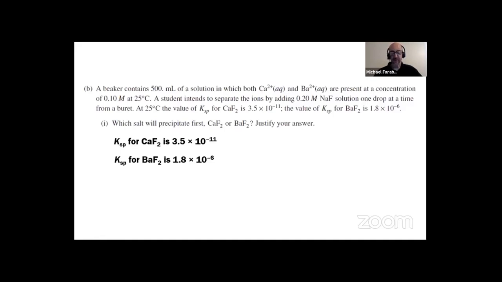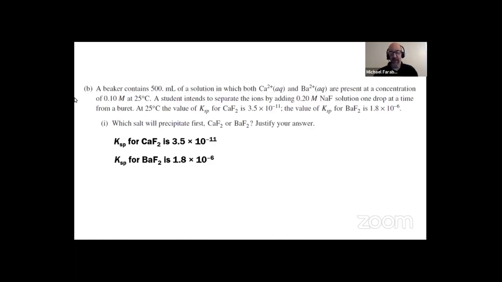You can see that they are different. Calcium fluoride's KSP is about 5 orders of magnitude smaller than barium fluoride's. We can take advantage of that difference in KSP because it helps us understand that there's going to be a difference in solubility. Which salt will precipitate first essentially is asking the question, which salt is less soluble in water?